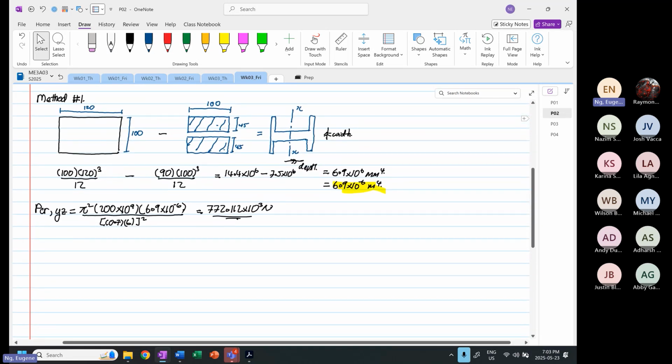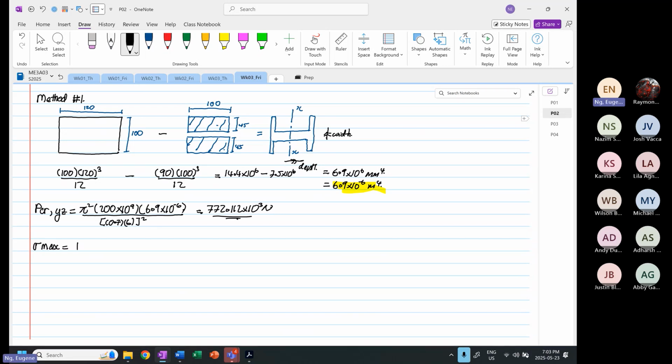So just to quickly recap, we have to calculate the maximum stress, which is equal to P over A, plus EC over r squared, and then we have our secant of pi over 2 times the square root of P over PCR.